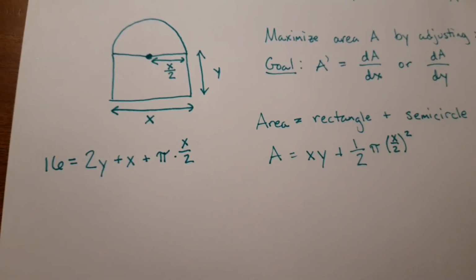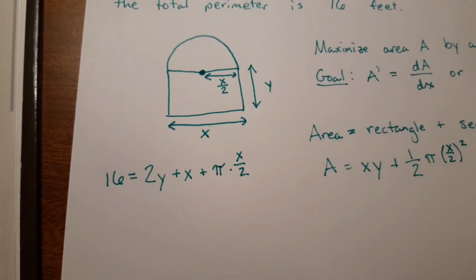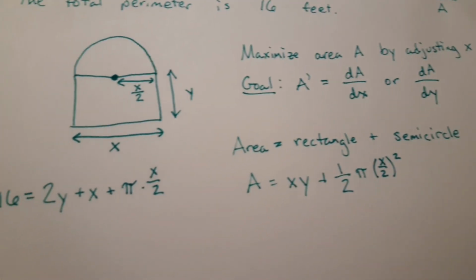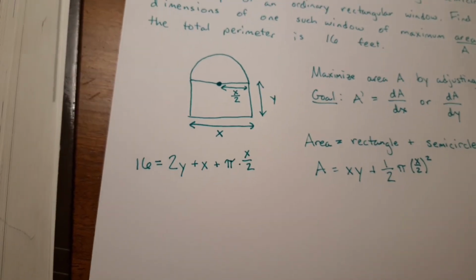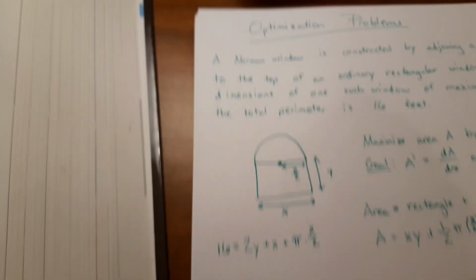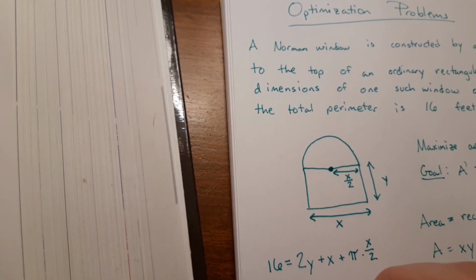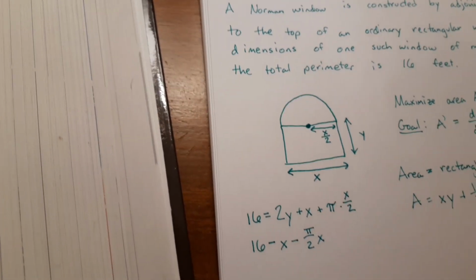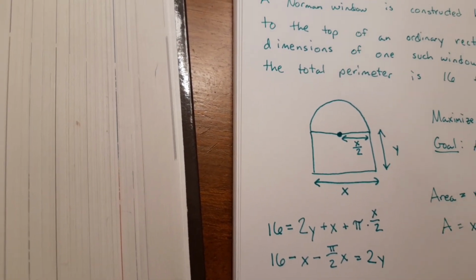As far as choices go, I think solving for y is going to be easier. It's only one thing to replace over here, so that's going to be my choice. However, it can be x. It doesn't really matter. So I'm going to subtract: 16 minus x, and then minus pi over 2 x, so I just rearranged, is equal to 2y.